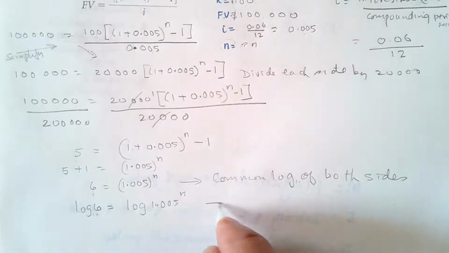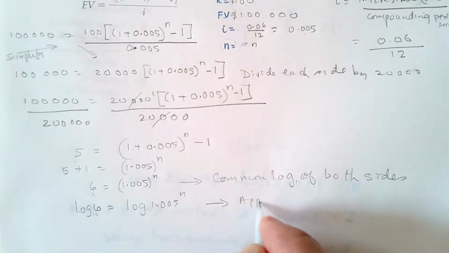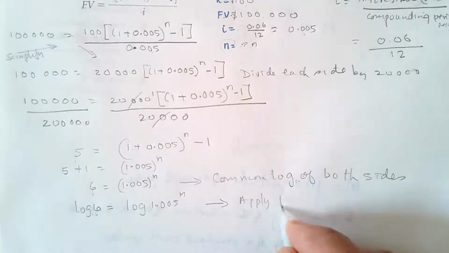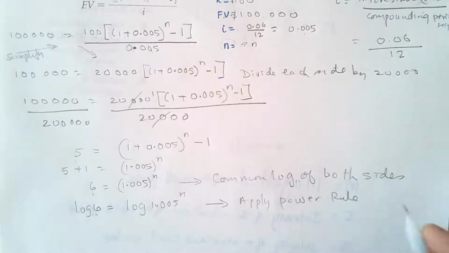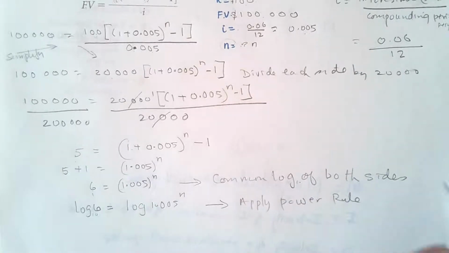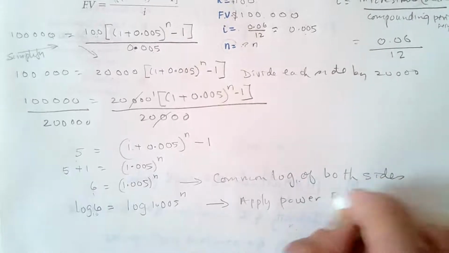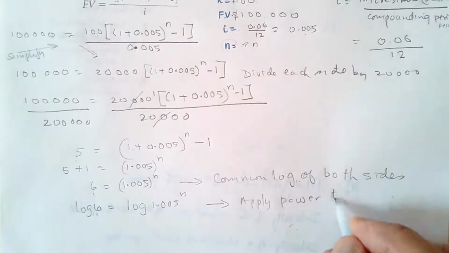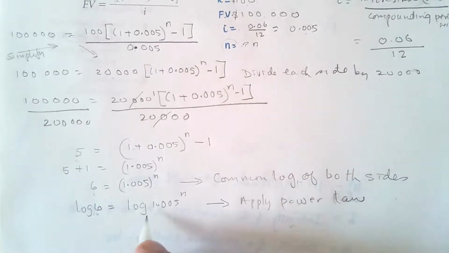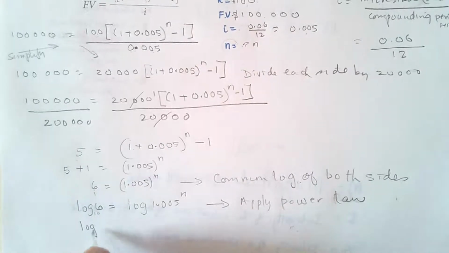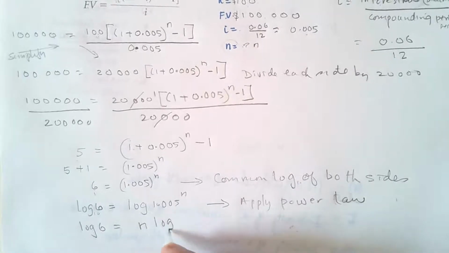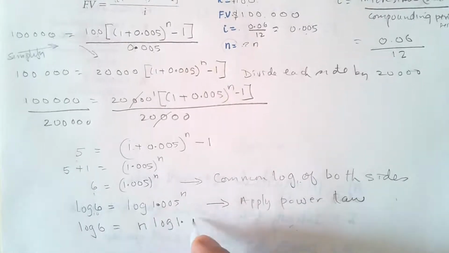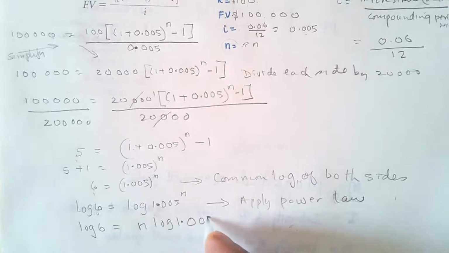We apply the power rule here, or power law, I should say. So this becomes log 6 equals n log 1.005.